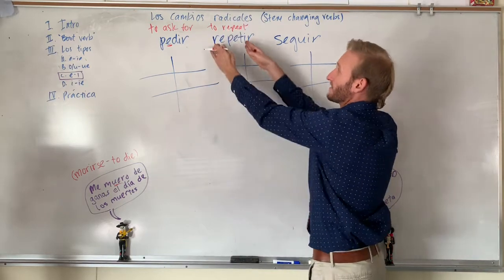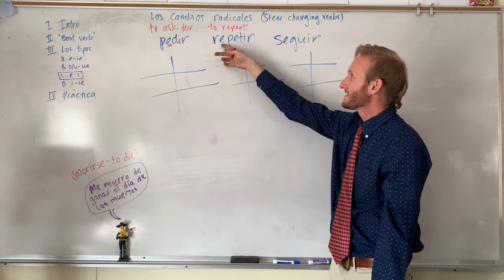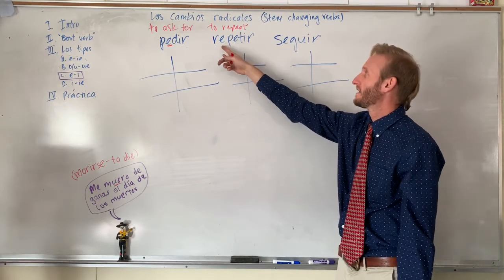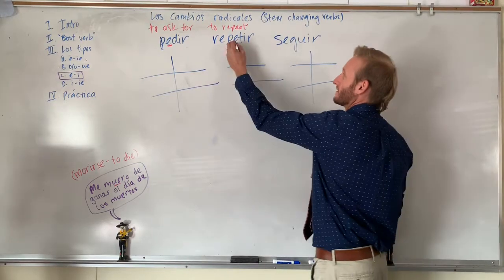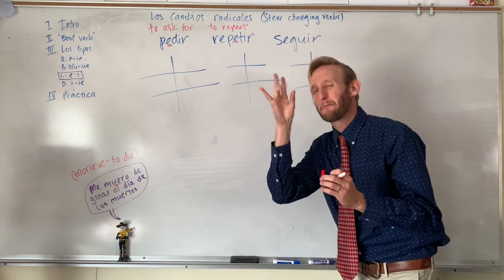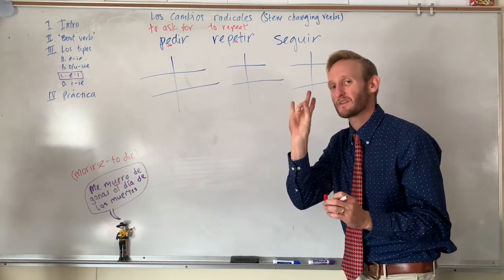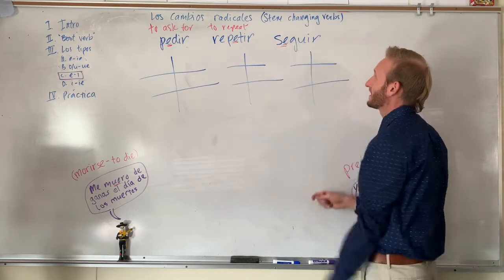But again, two syllables. Do you remember that earlier rule? Is it this e or this e? Repi or repe? It's always the second syllable, repe, right? That's going to be the vowel that stem changes, okay? And of course, seguir.